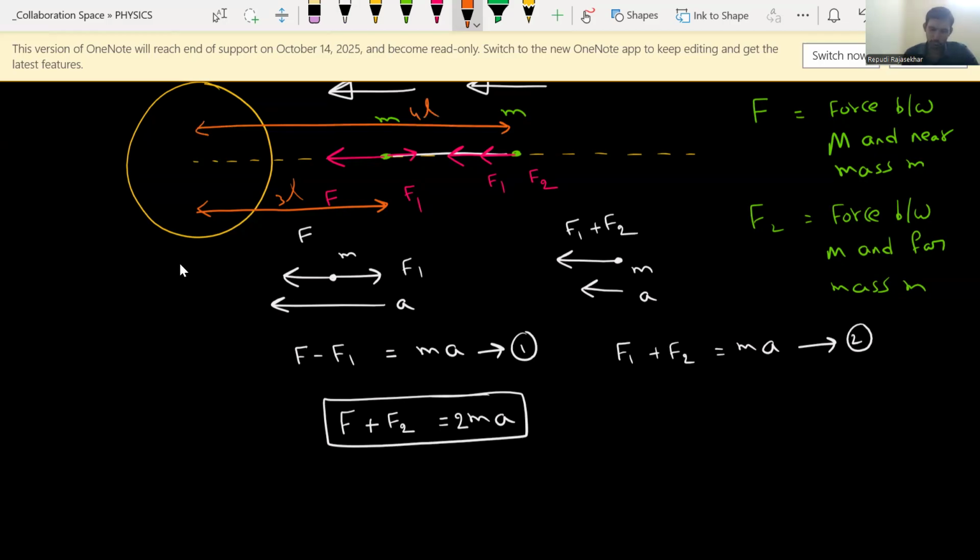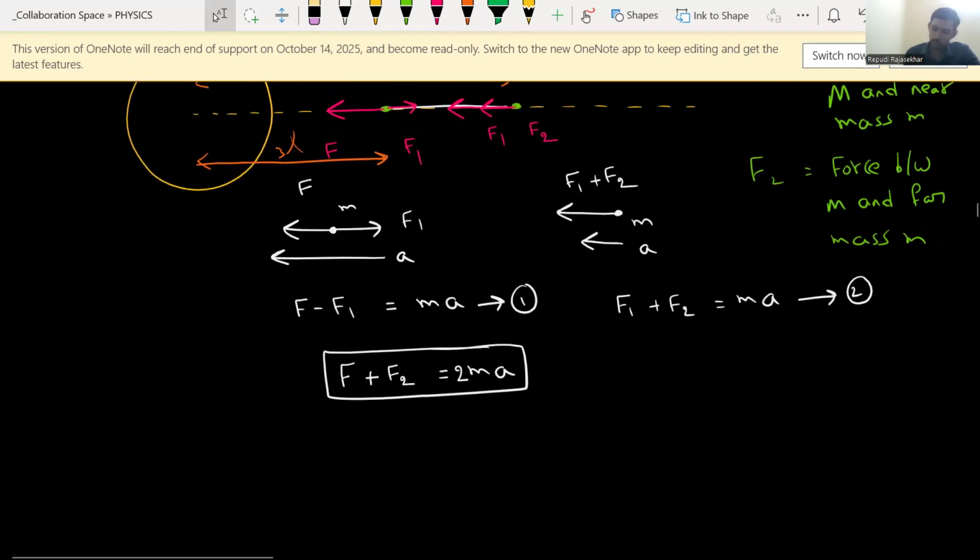F is acting as well as F2. Now what is the F value? F is the force between this small m and capital M.